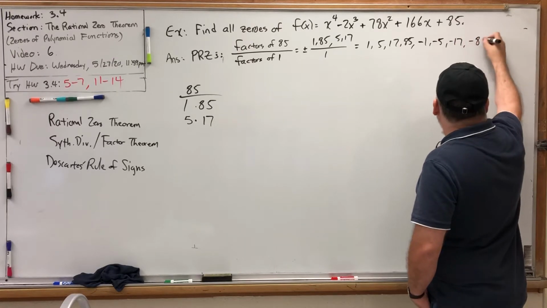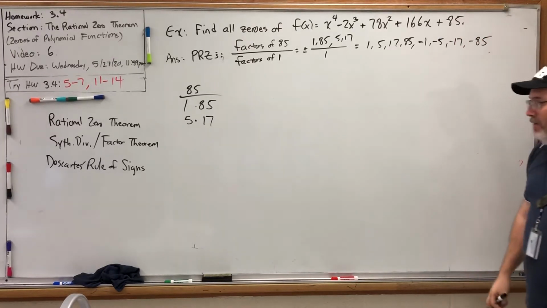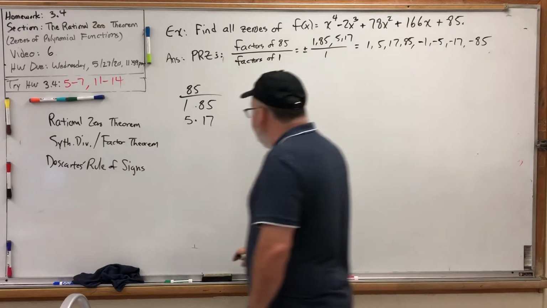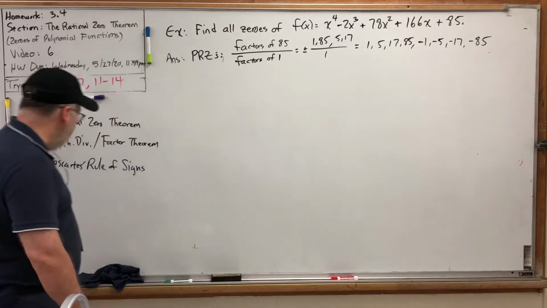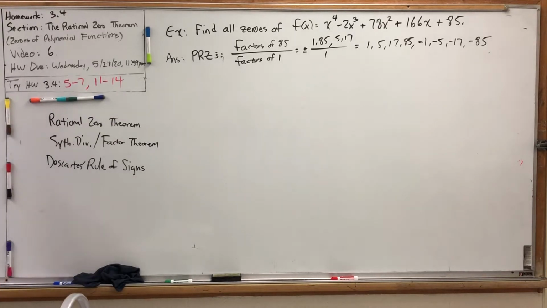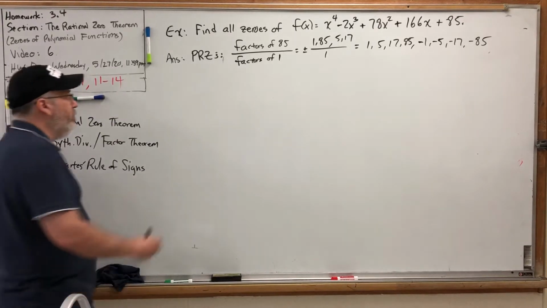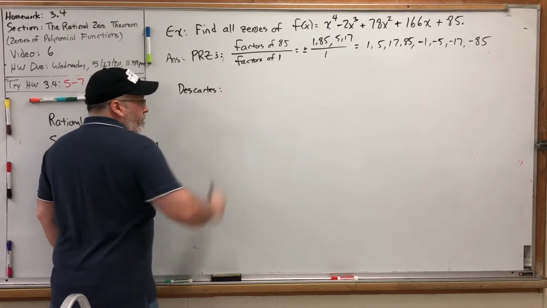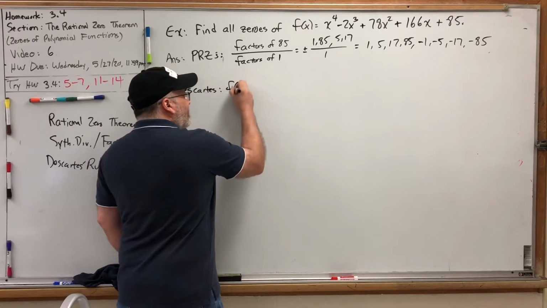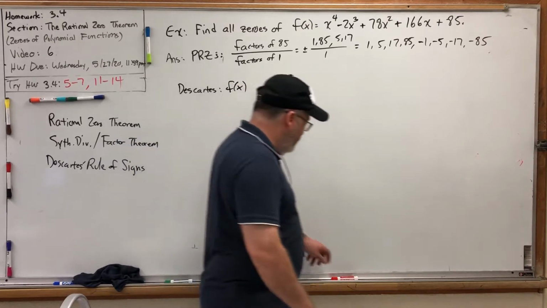Now remember, I want to list them all out, because as they fail, I want to cross them out. Now, before we jump into this, let's use Descartes' rule of signs to see if there's anything that we can take advantage of. So according to Descartes, let's see how many sign changes the original function has.